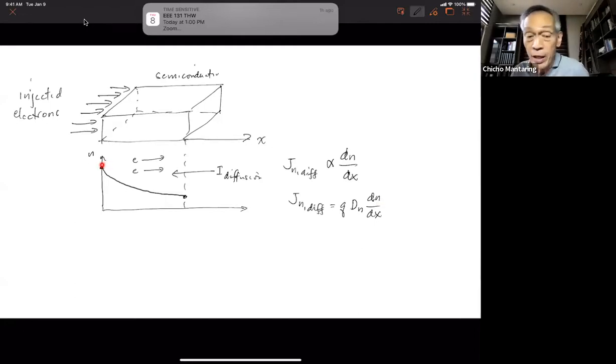In other words, if the difference in concentration is very high, then your current is higher. If the rate of change of concentration along x is very low, then your diffusion current is lower. Now this Dn is what we call the diffusion constant of electrons.